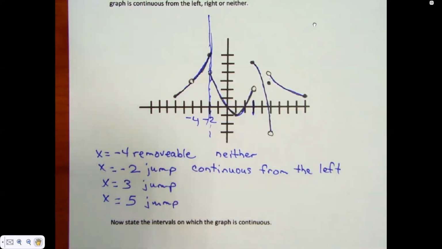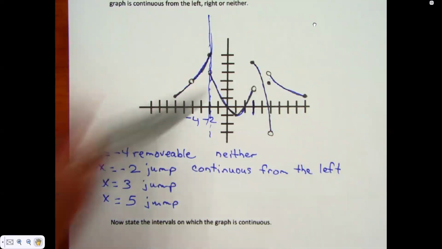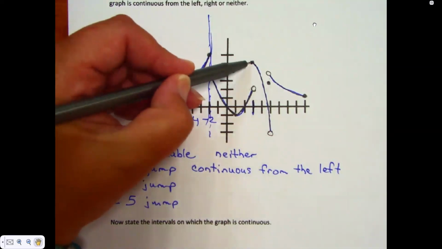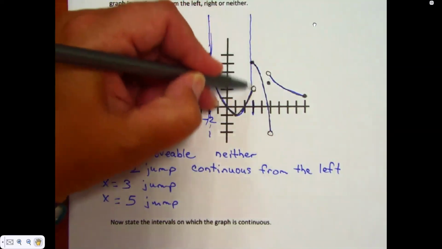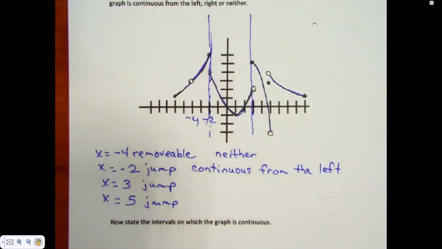Okay. All right, how about 3? There is a point there. And what side of the graph does that point go with? It goes with the right side.